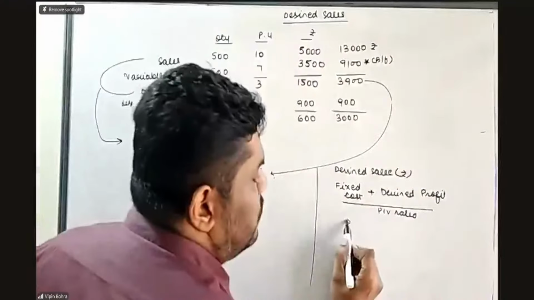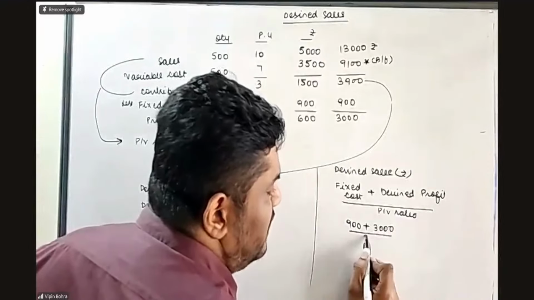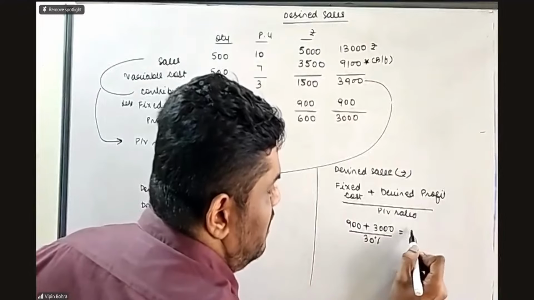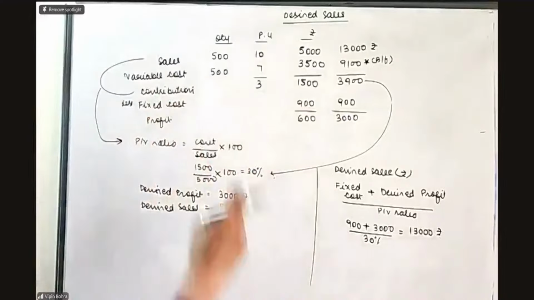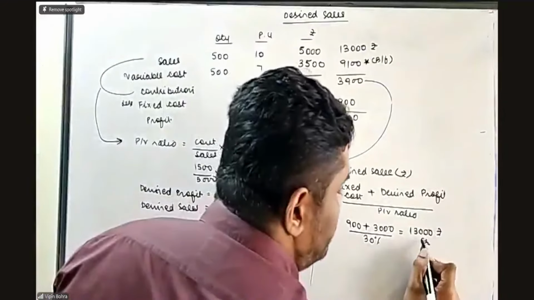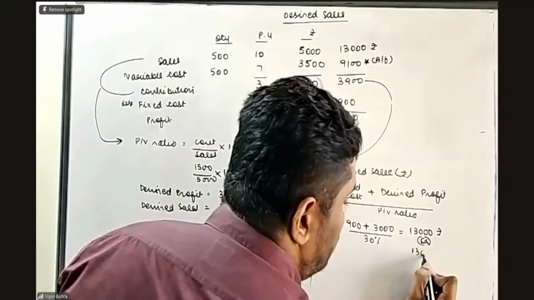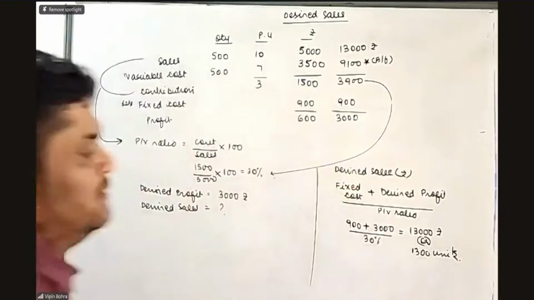So my fixed cost was 900 plus my desired profit was 3,000 divided by 30%. This is how I got 13,000 rupees. And since one unit is sold at the rate rupees 10, so we can say it is 1,300 units.